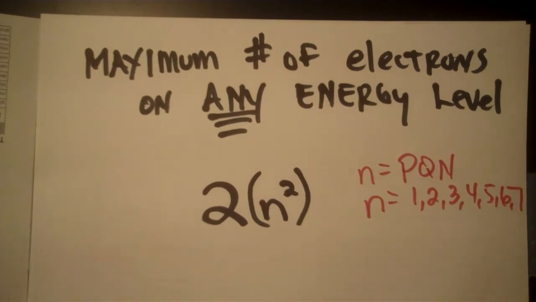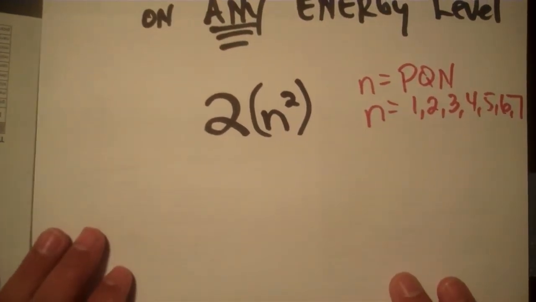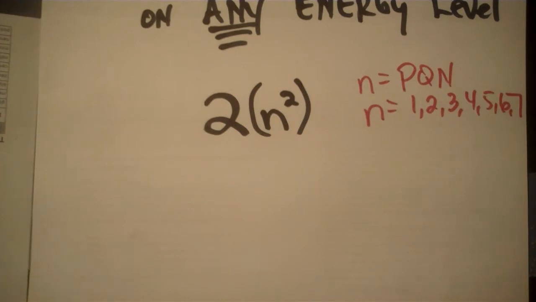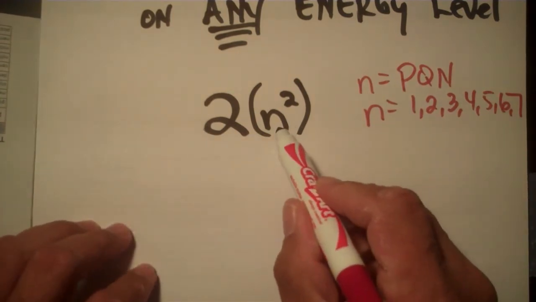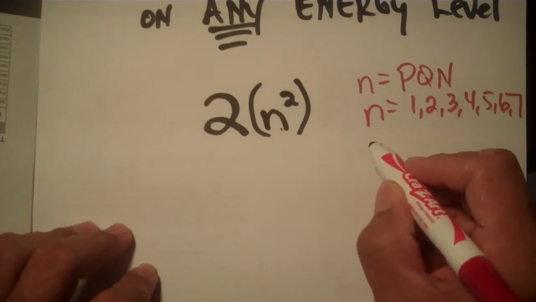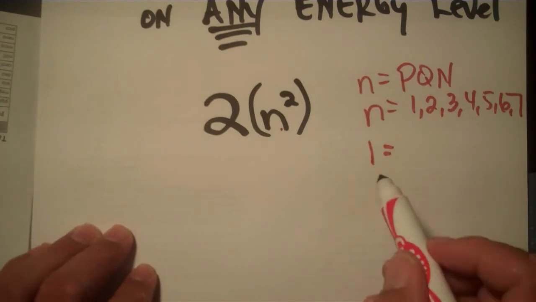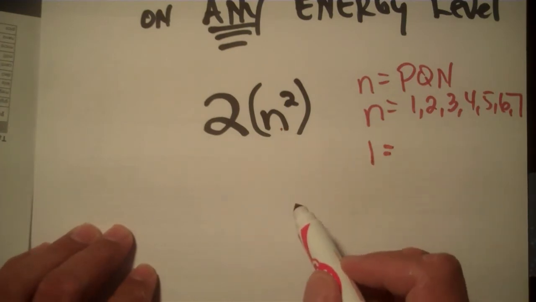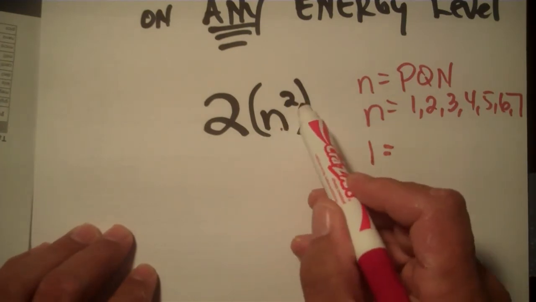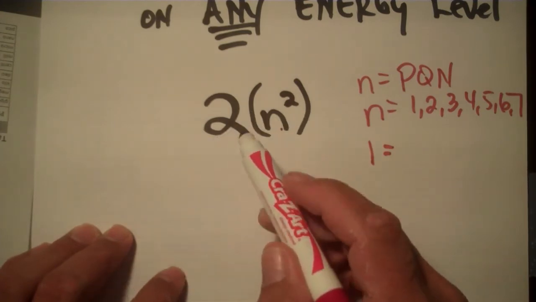All right, so let's take a look at this real quick. If our energy level was 1, our first energy level, if we put 1 in for n, 1 squared, 1 times 1 is 1, times 2 is 2.